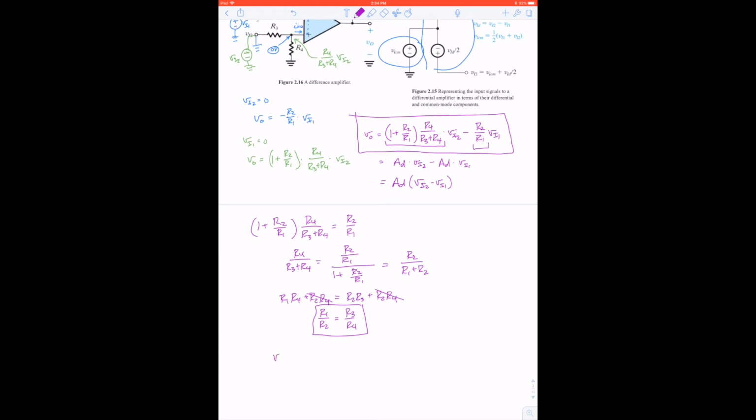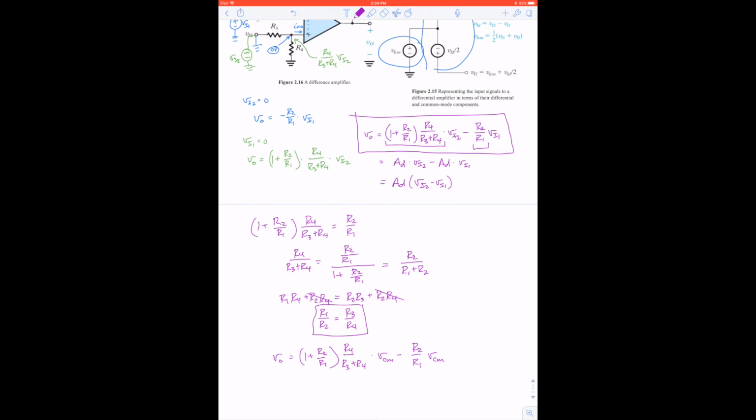So Vout is equal to 1 plus R2 over R1 times R4 over R3 plus R4 times V common mode, minus R2 over R1 times V common mode.